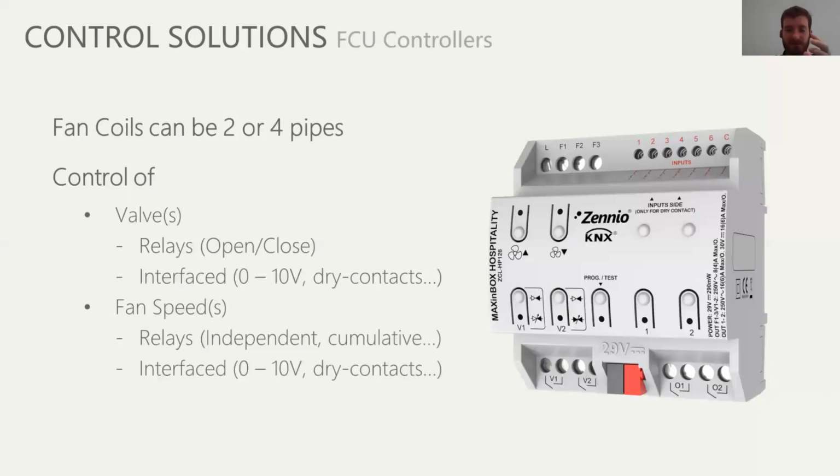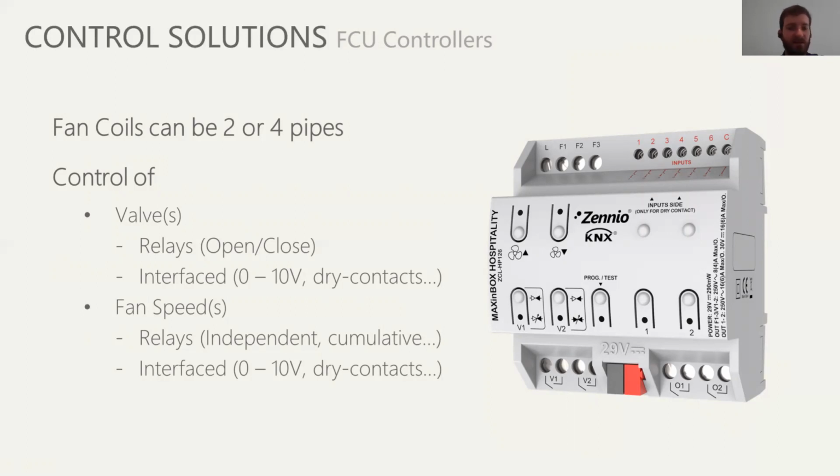Sorry, I'm saying water, it's actually refrigerant, whatever refrigerant that is, either hot or cold, and a fan putting air through it. Or it can be four pipes, in which case you would have one coil for the hot refrigerant and another coil for the cold refrigerant.